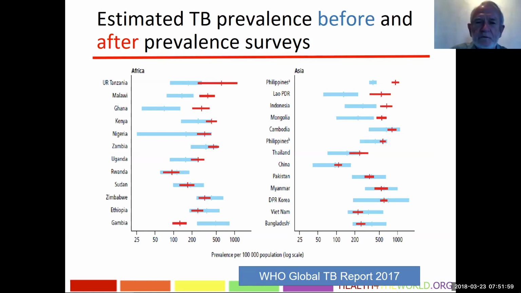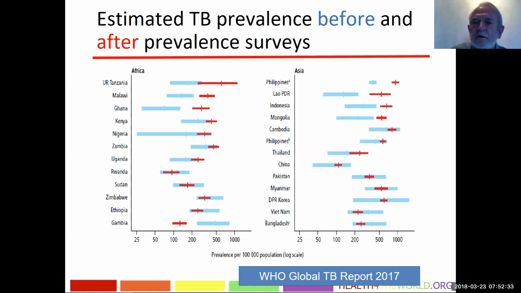In fact, because it's a log scale, it is quite substantially higher, for example, the Tanzania data or Malawi, Ghana, Kenya, Nigeria, Zambia, and Uganda. Cameroon, I guess, has not had a prevalence survey done. For the Asia studies, the most recent one that has been completed is the Philippines and shows a much higher prevalence of tuberculosis than had been estimated.